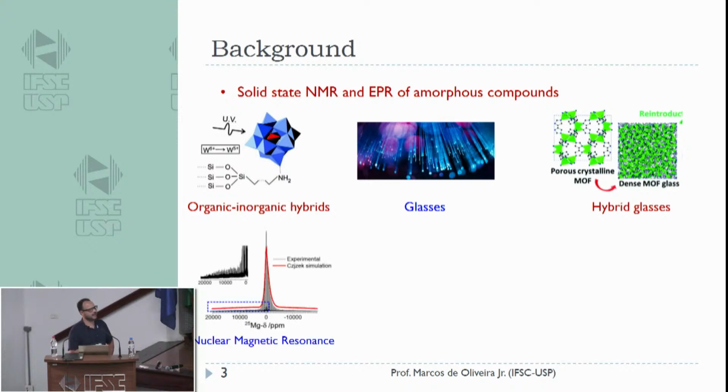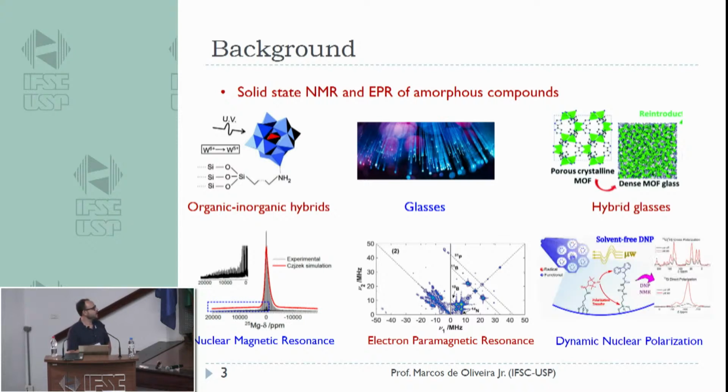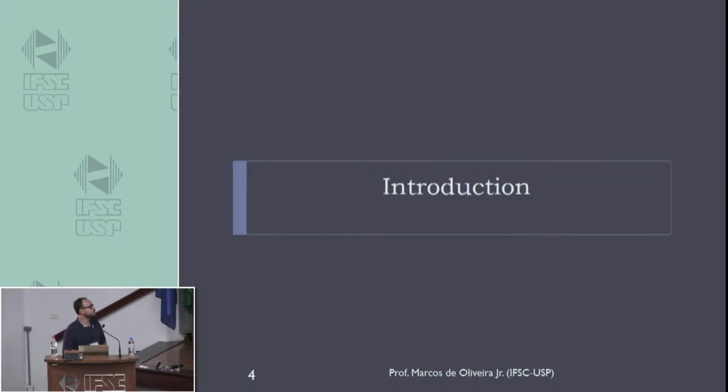But my main expertise is on the spectroscopy techniques, such as the nuclear magnetic resonance that I will speak about today, electron paramagnetic resonance that Helmut spoke about a few minutes ago, and dynamic nuclear polarization, a technique that takes advantage of both the nuclear and electron spin interactions.